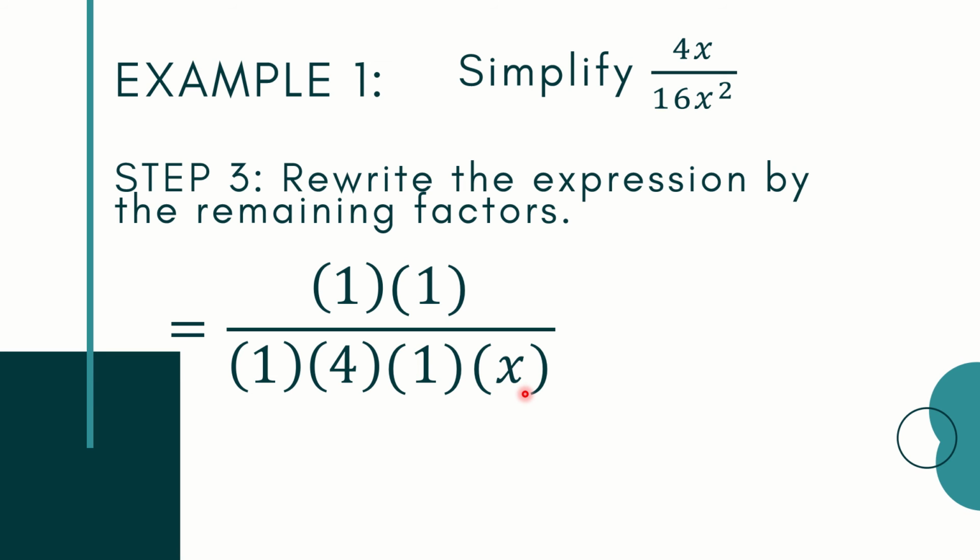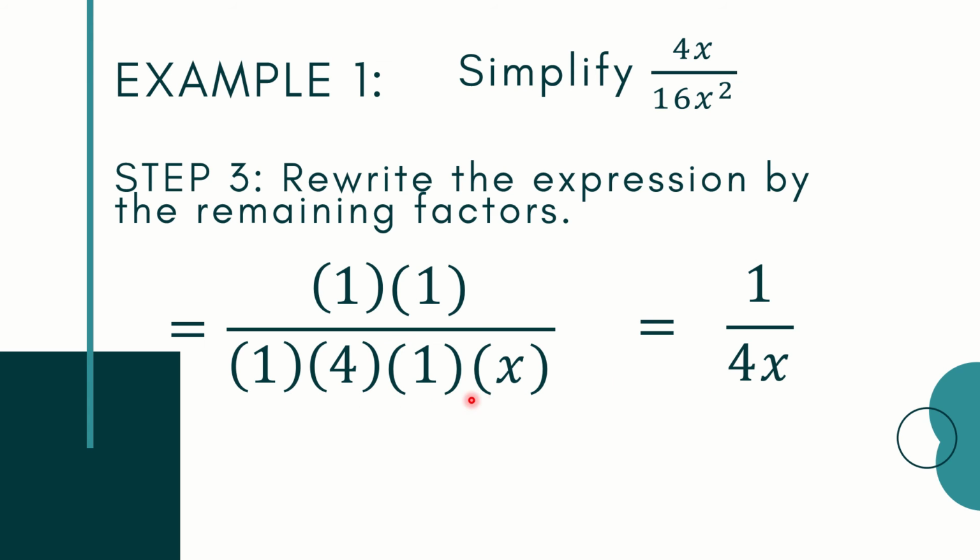So if we multiply our numerator and our denominator, the remaining factors can be rewritten as 1 over 4x, because 1 times 1 is equal to 1. 1 times 4 is equal to 4. 4 times 1 is equal to 4. Now, 4 times x is equal to 4x.